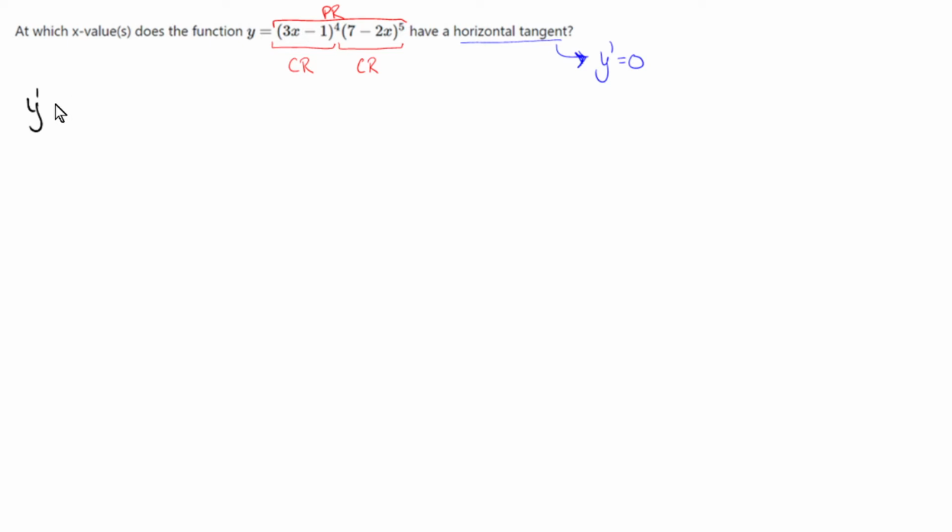So y prime equals, for the product rule, we're going to first differentiate the first function. So (3x minus 1) to the power of 4, prime, times the second function, plus the first function times the derivative of the second function.